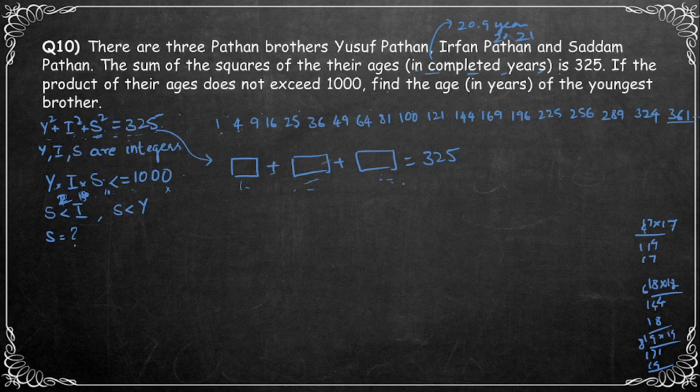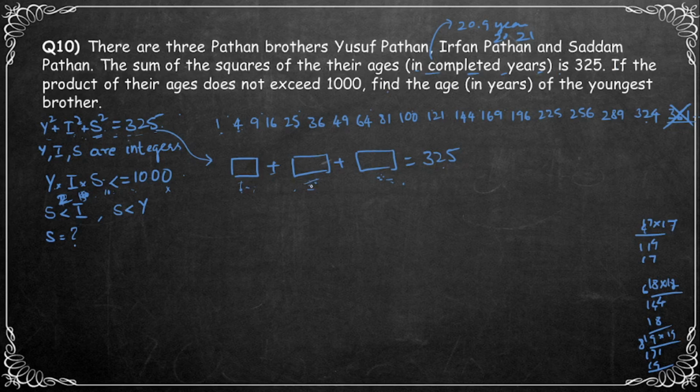So let us take 361. If I take 361 here, it already becomes larger than the right-hand side, which is 325. That means this is not the correct option. If I take 324 here, then 324 plus something should be equal to 325. So the other two add up to 325 minus 324, which is 1.